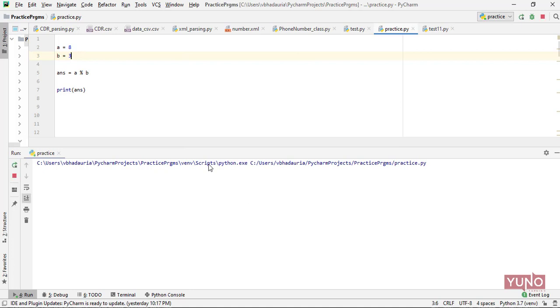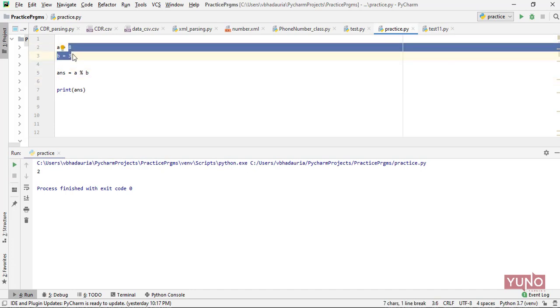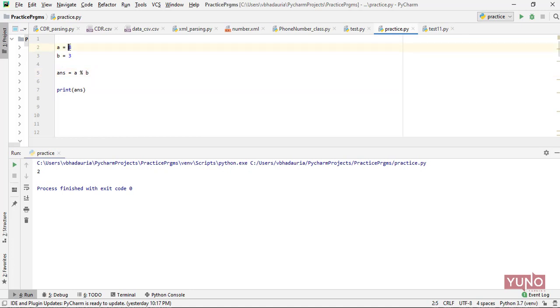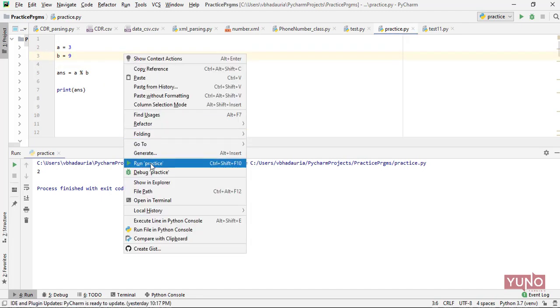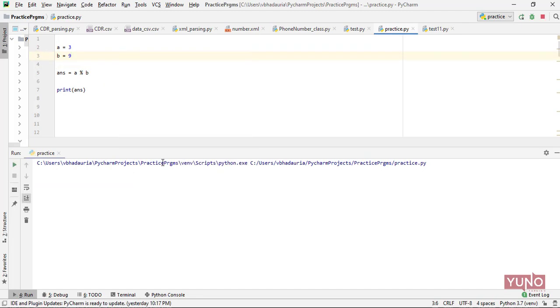Let's check it out. Yes, perfect. So whatever division you do, this will give the remainder part. Okay, I will check it out. Suppose a is 3 and this is 9, so 3 mod 9, let's check it out. That will give you the 3 here.